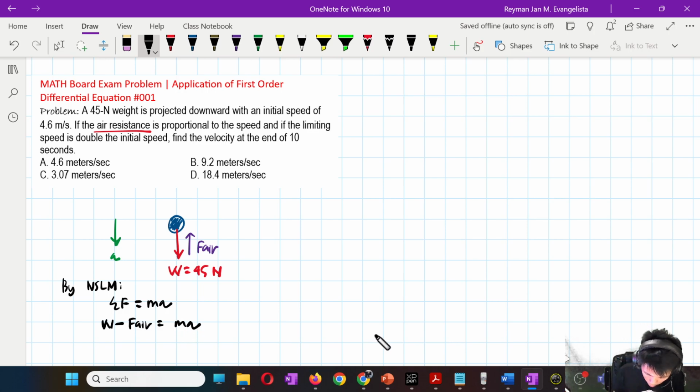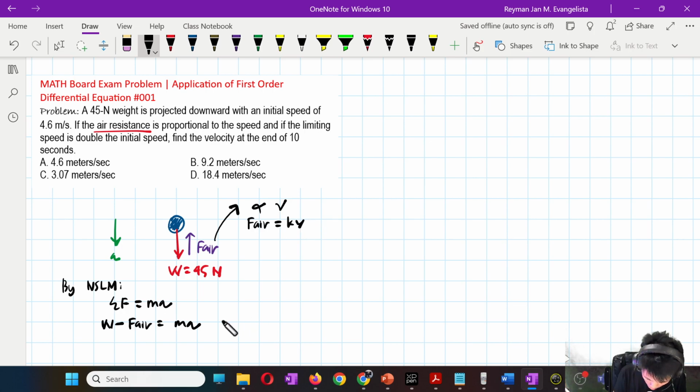Now, it is stated that our air resistance is proportional to the velocity, so we have to write that as an equation. F air is equal to kV.